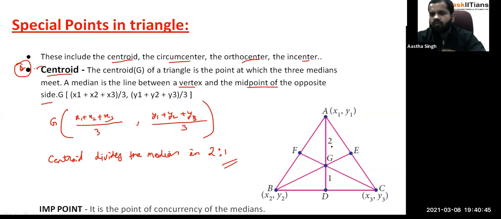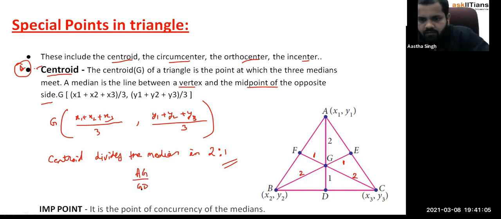The 2 part will be from the vertex to your G point, right? Similarly, BG will be 2:1, with 2 from your vertex and 1 towards your base. It means AG divided by GD will be 2/1.